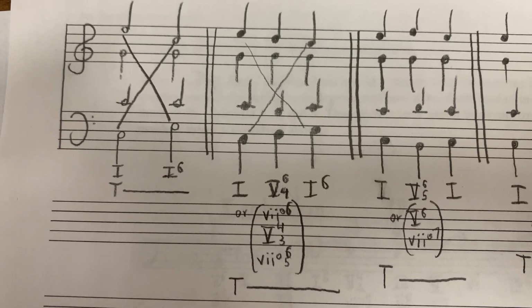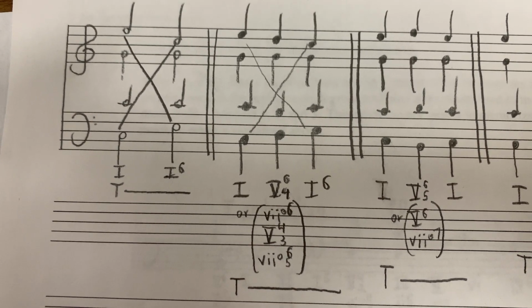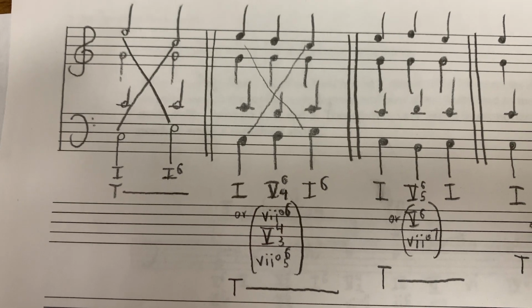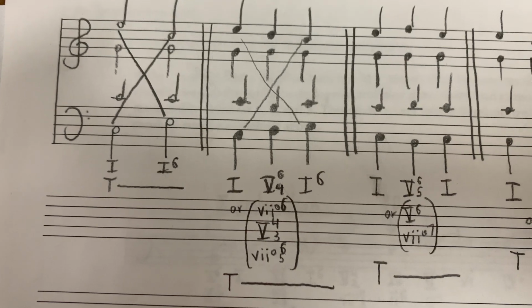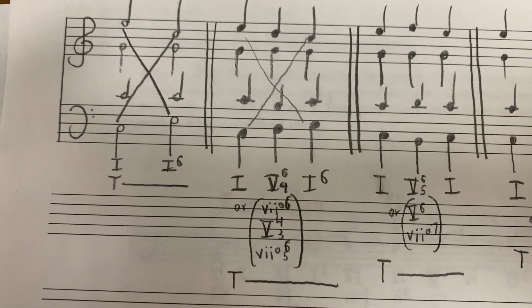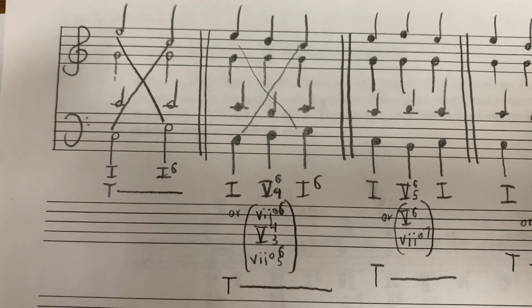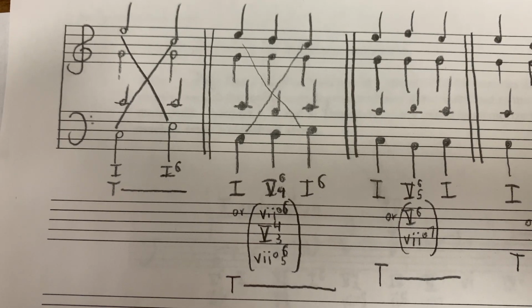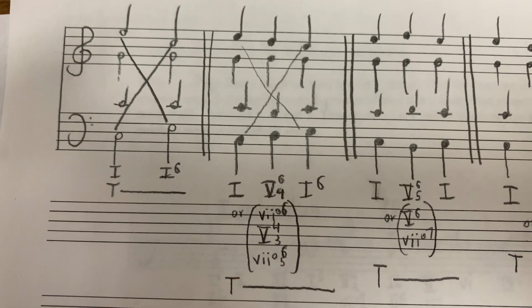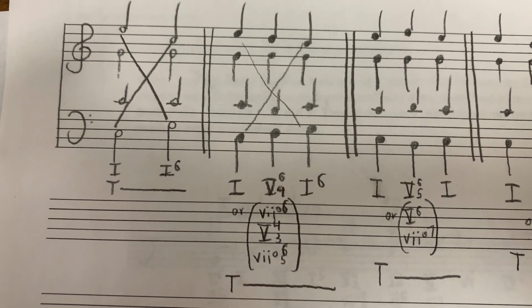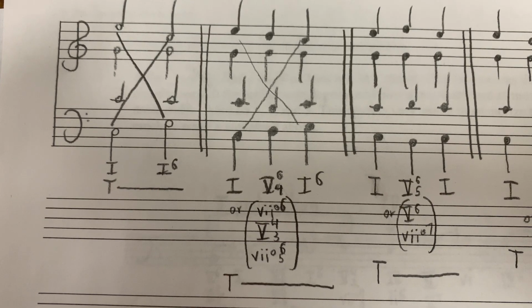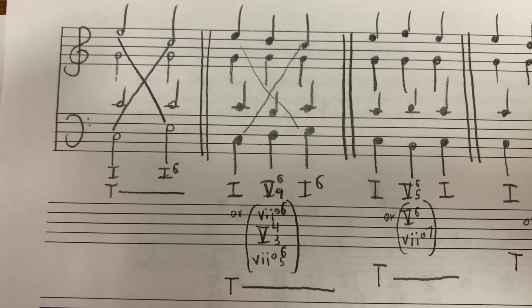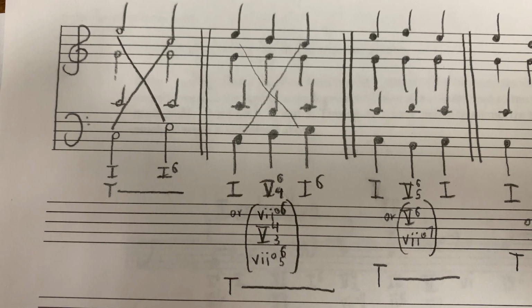You can also do 5/4/3, though that one usually wouldn't have the voice exchange because of the extra note you need. Then 7-6/5 is also a possibility. Basically, these chords all sound very similar. 7 diminished 6/5 is more common in a minor key though, because in a major key you would need a chromatic note to create that. Underneath it, once again, I put the T to show that that's basically a big tonic prolongation. So this will be prolongation by passing tone.